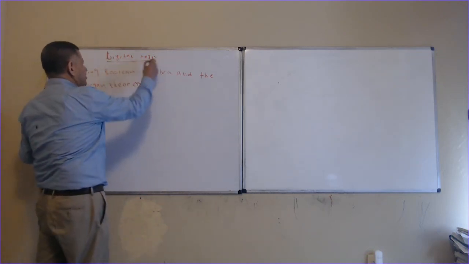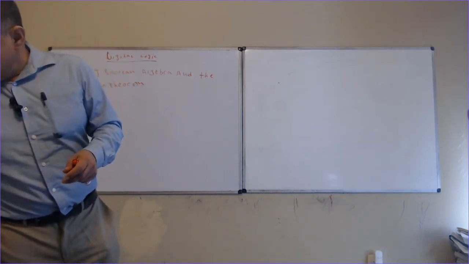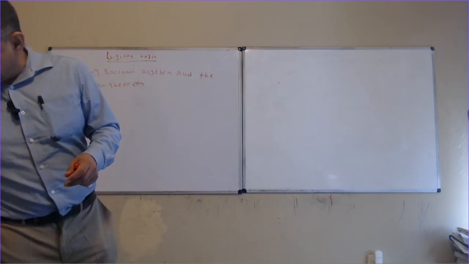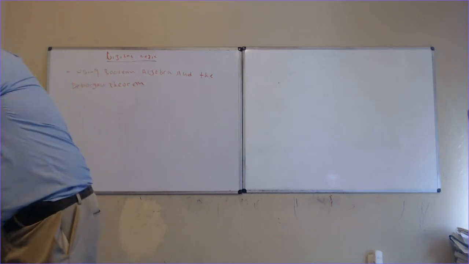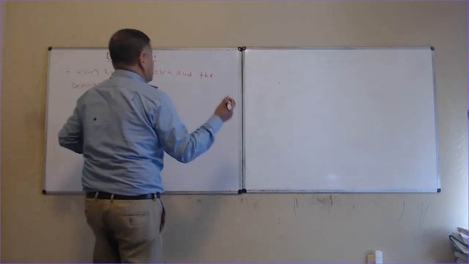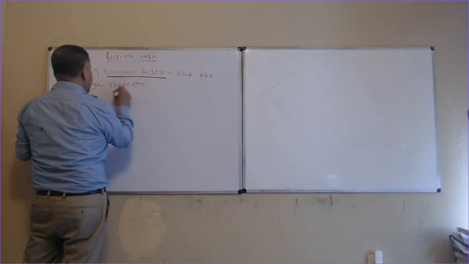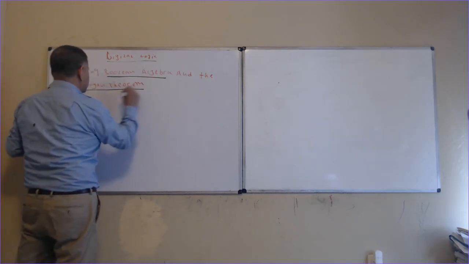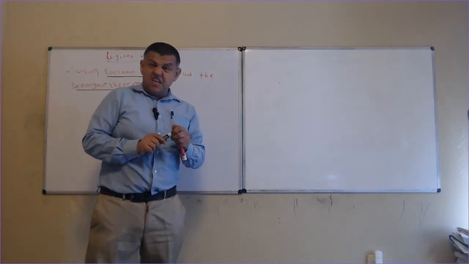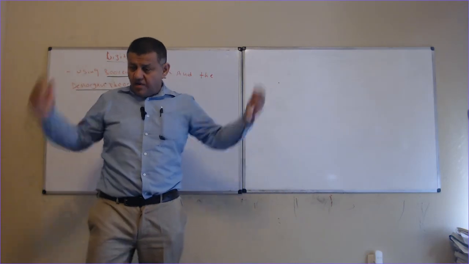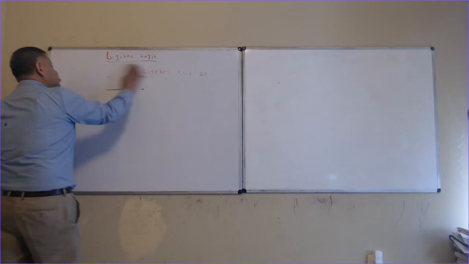What we're actually doing is simplifying problems using these tools, Boolean algebra and the Morgan's theorem. They call it the Morgan's law, the Morgan rule, whatever. It's basically the same thing.